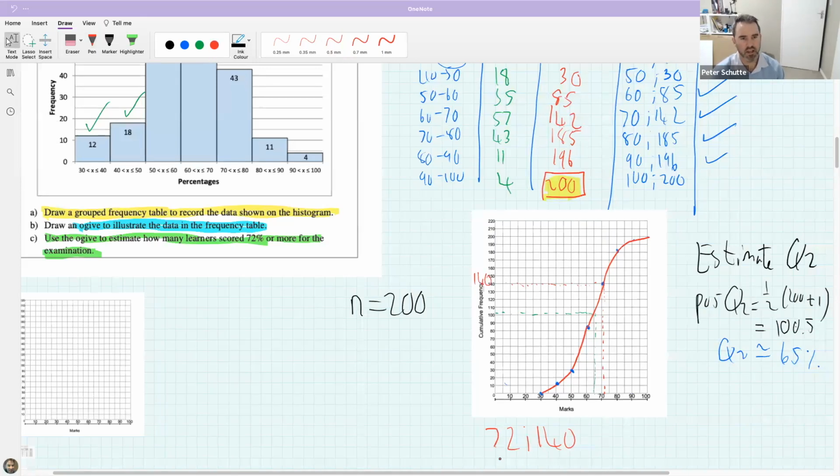Now, the question says, use the ogive to estimate how many learners scored 72% or more for the examination. What do you think the correct answer is?